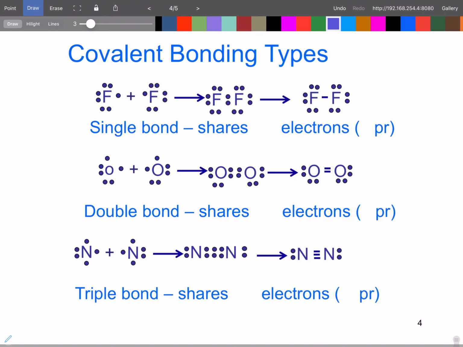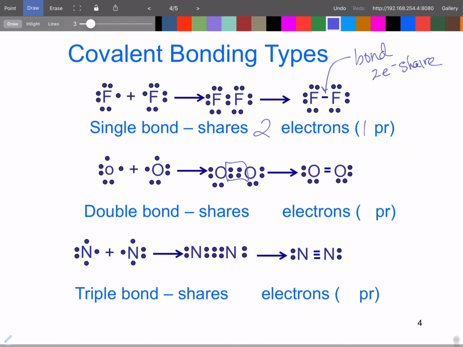When we look at the bonding types, a single bond is going to share two electrons, one pair. Notice that one way we can write this, and this technically is not a Lewis, is a Kekulé, but this bond indicates two electrons shared. Okay, if we look at oxygen, we're sharing two pairs here.